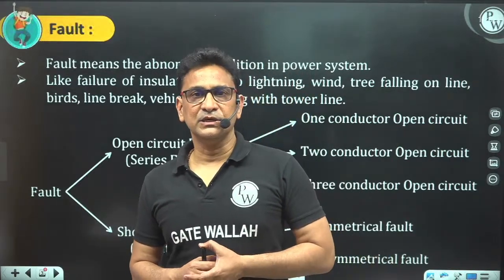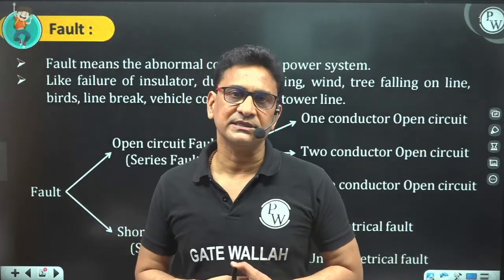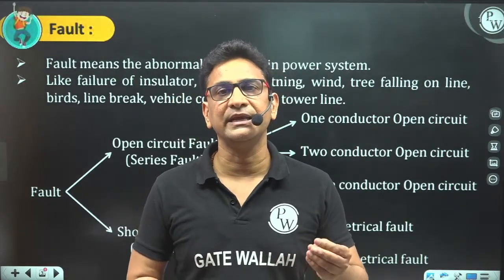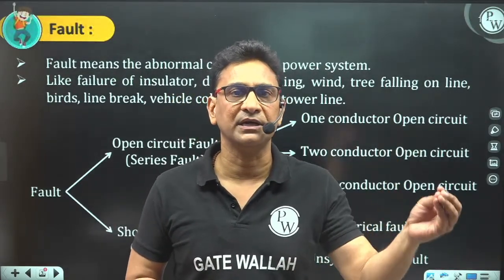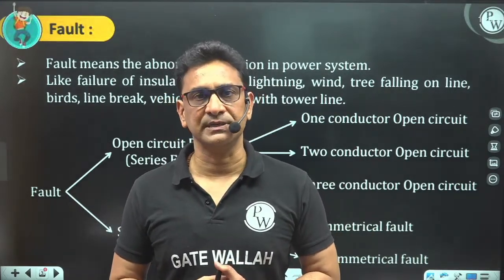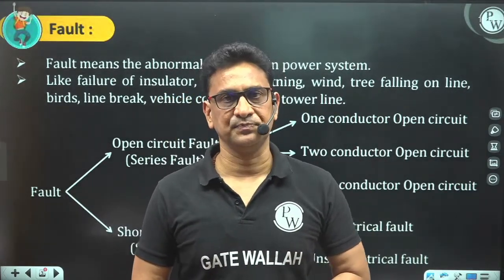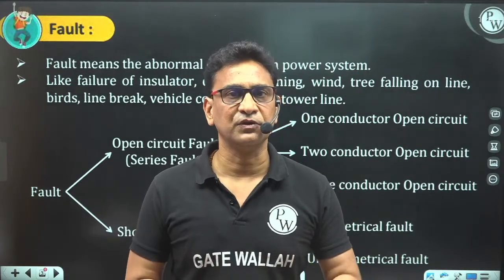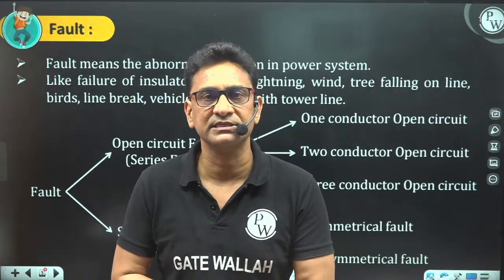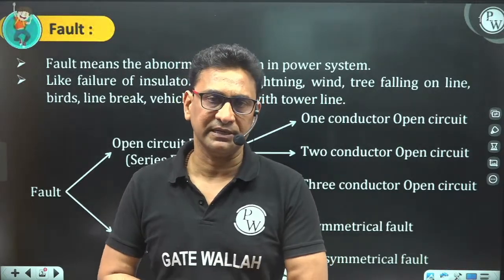See, what is the main motive of the power system? The main motive of the power system is nothing but to carry the current from the power plant to the end consumer. If the power system is carrying the normal current from the power plant to the end user, that means our power system is working in the normal condition.